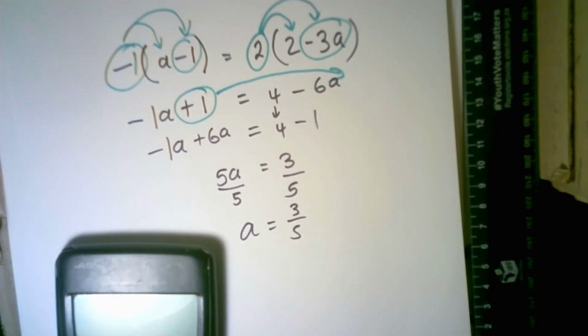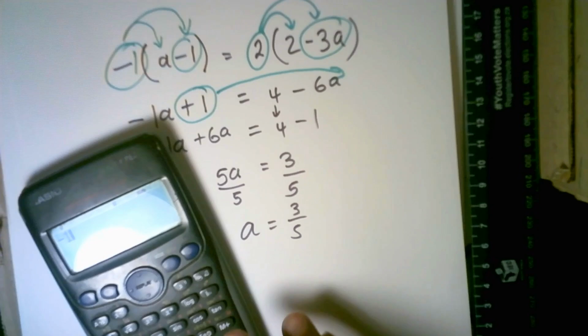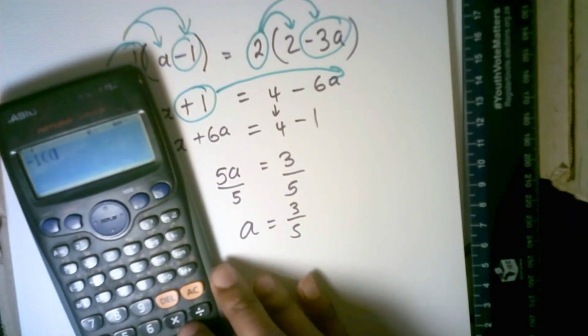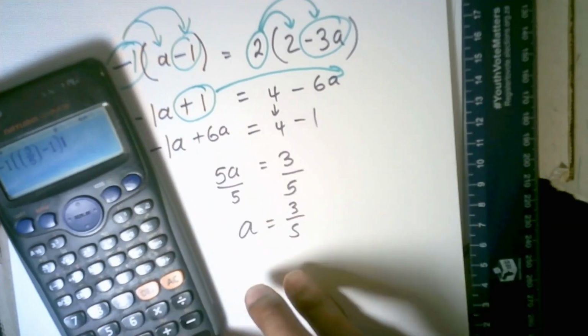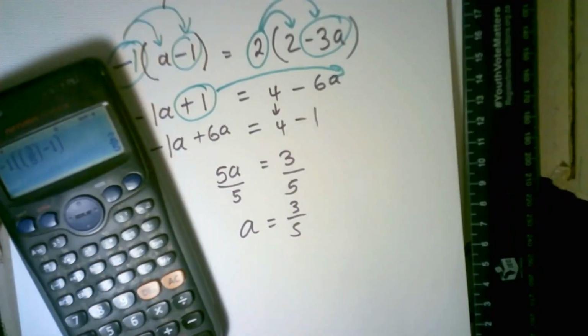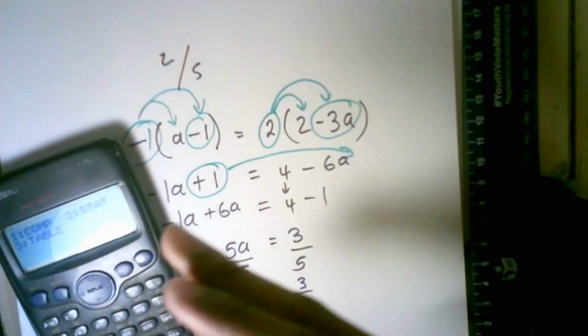Now, you can substitute that in your calculator. Let's look at what the left-hand side is equal to. So it's negative 1. I'm going to substitute a in brackets for 3 over 5. And on the left-hand side, I have 2 over 5, and let's see what I have on the right hand side.